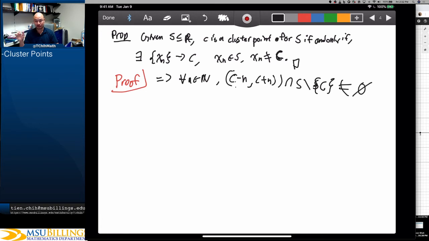By the definition of being a cluster point. And so, 1 over n, because we want these things to get closer. So I start at 1, then go 1/2, 1/3, 1/4. Each step I go in, I'm taking smaller and smaller intervals, but all of those always contain some S elements. And so we're just going to let x of n be in this set, (C minus 1 over n, C plus 1 over n) intersect S, delete C.